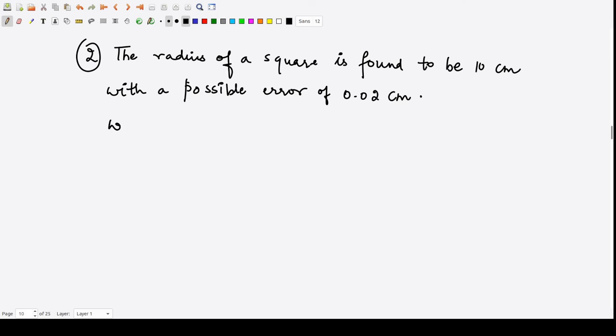What is the relative error in computing the volume?